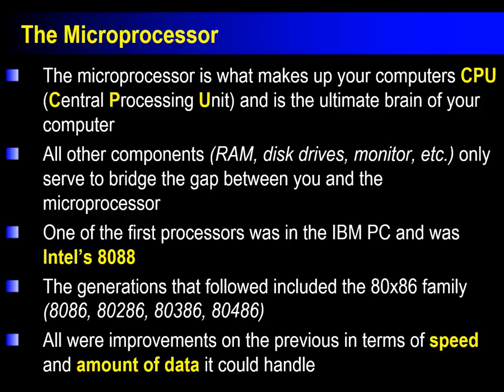Generations that followed included the 80286, the 80386, so notice they're just upping the number there, the 486. 486s was the most popular brand of microprocessor ever made because they held the longest production line. They were in production the longest. And this is in the 90s. You ask your parents, they probably remember buying a 486 computer.